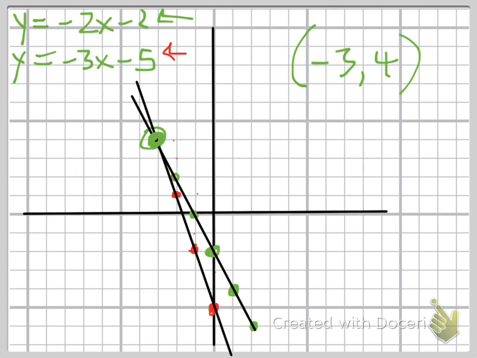So you see how you may have to count up till your lines actually cross? And the limitation of this is what happens if your lines don't cross at a grid mark? You gotta figure that out. We're going to have to switch to an algebraic method or use our calculators. The calculator will tell you the fractional answer. All right? So if you go back and check that, you'll see that it works.